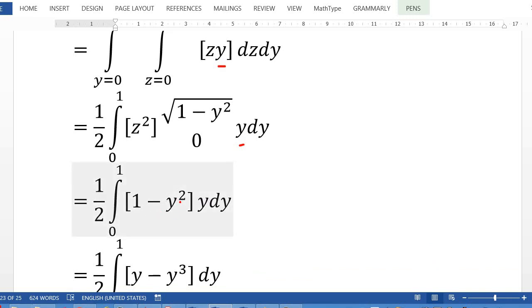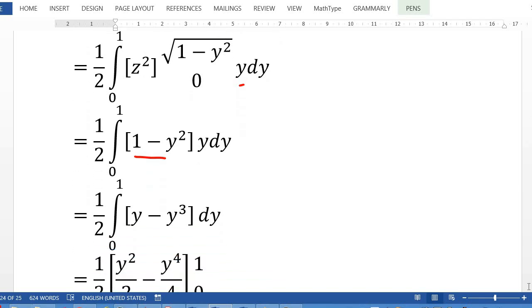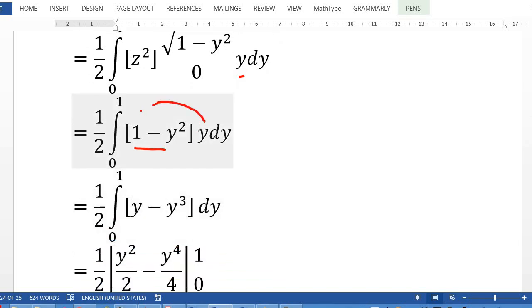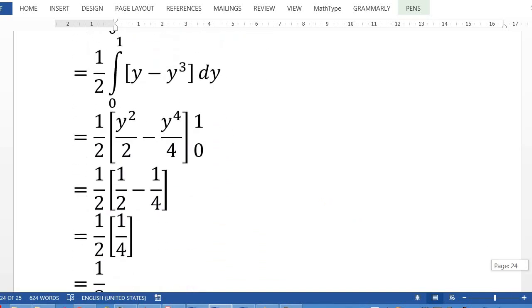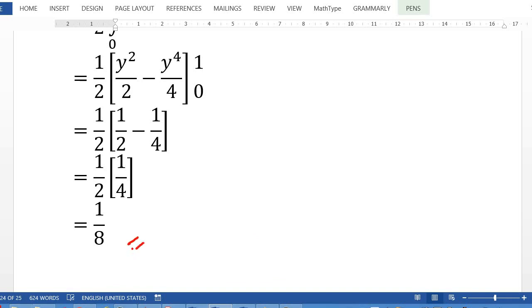So you have 1 minus y squared here. Then you expand it, so y minus y cubed. Lastly, you integrate with respect to y. Put in the limit to get 1 over 8. Okay, with this, thank you for your attention.